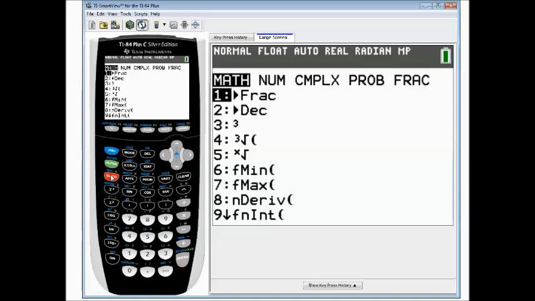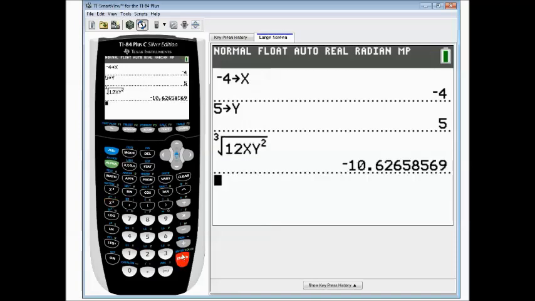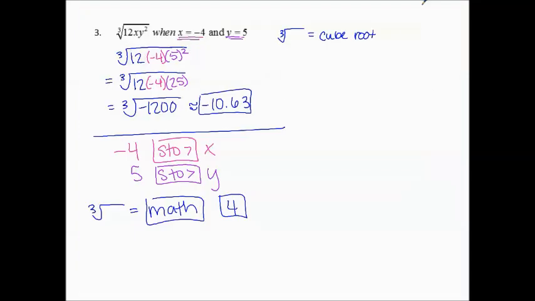I'm going to hit math down to number 4, enter, 12x alpha 1y squared, enter. And there's my same thing. So I have the cube root of 12xy squared, when I evaluate it there, is approximately equal to negative 10.63.